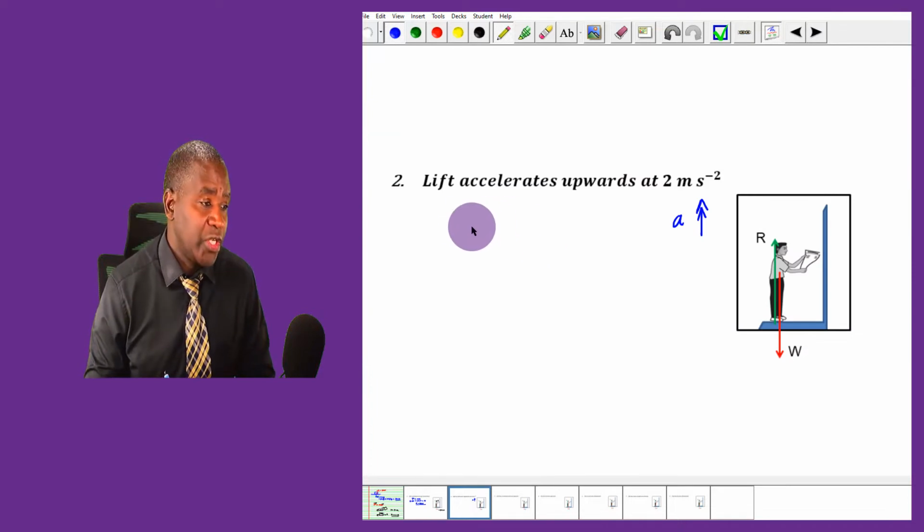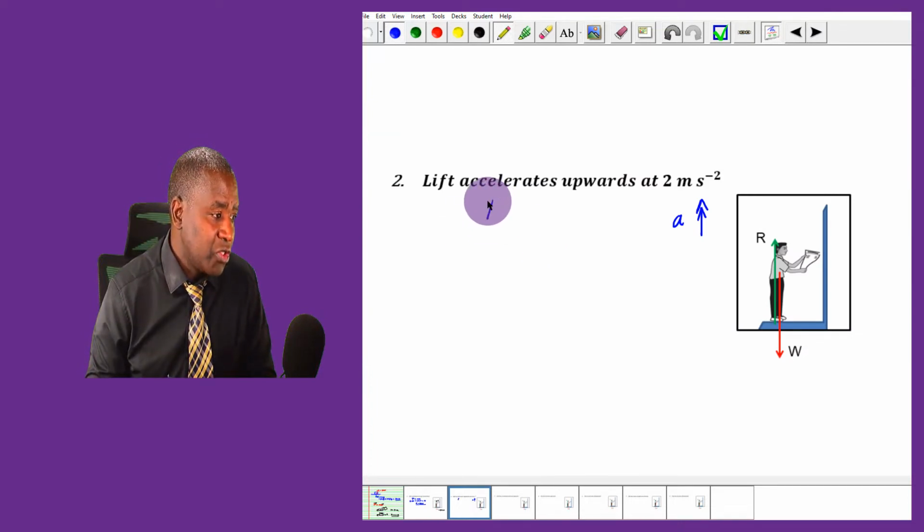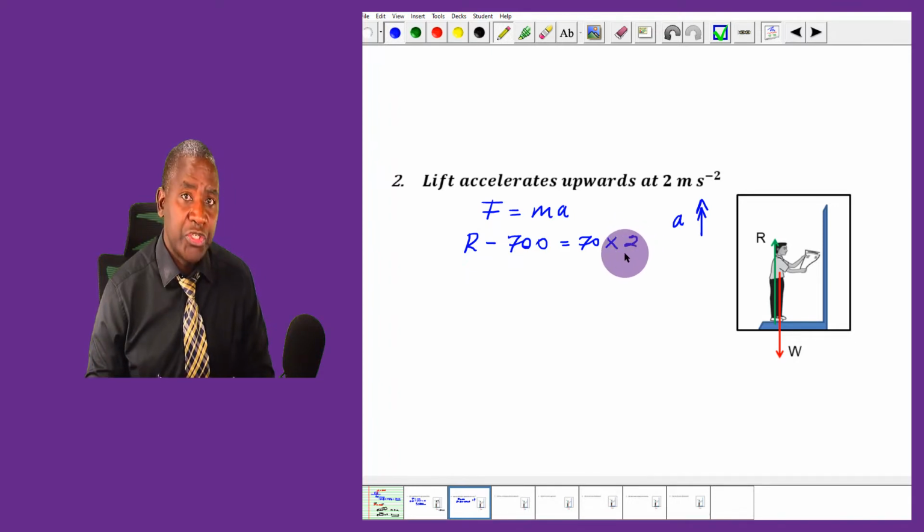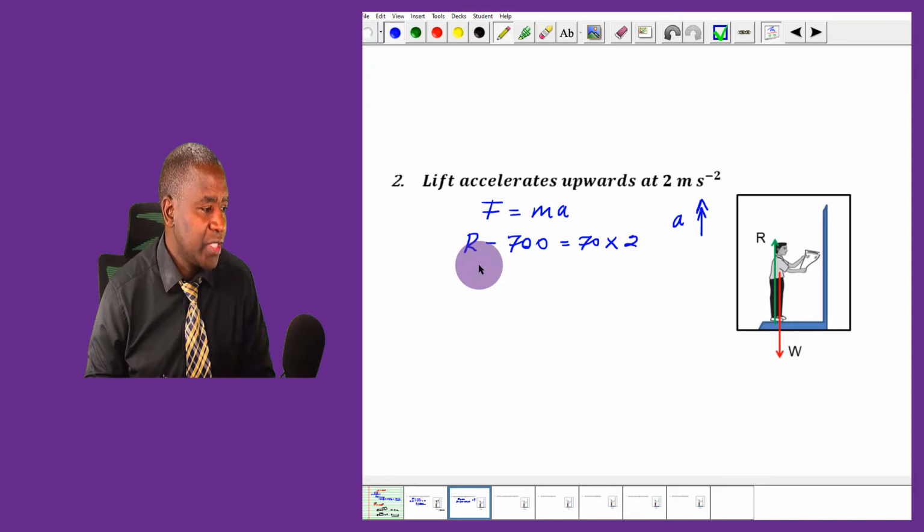So when it comes to using the equation F equals ma, I should know that R is greater than W. W is 700. The mass of that person is 70. Of course, the acceleration is 2. And we're going to say that R minus 700 will be 140.